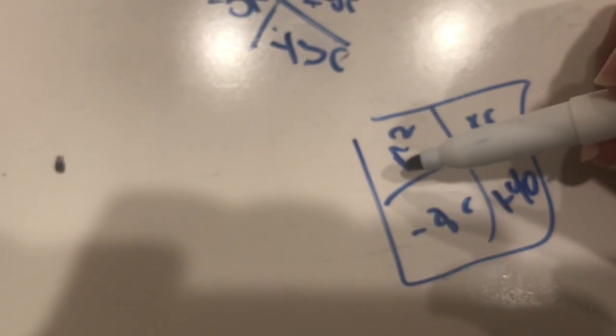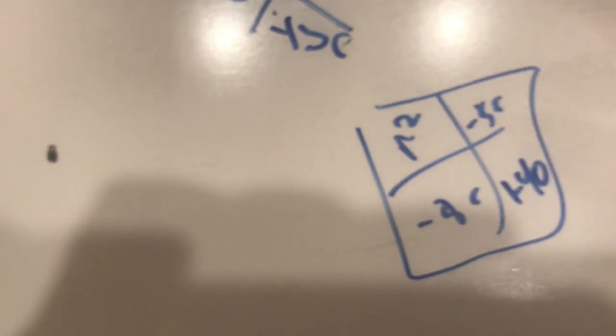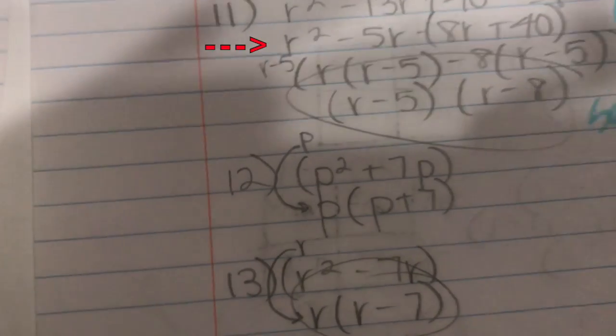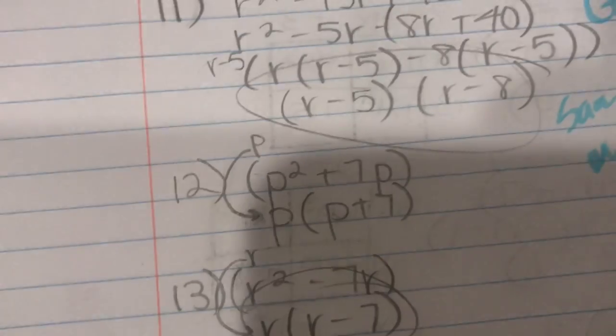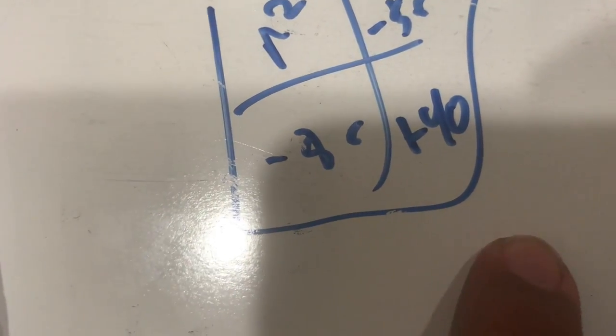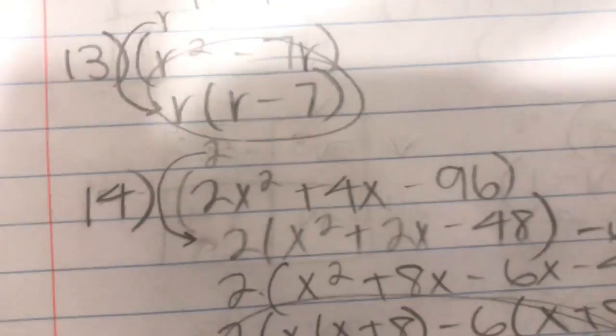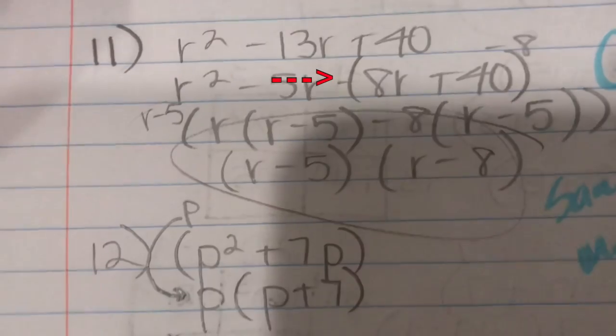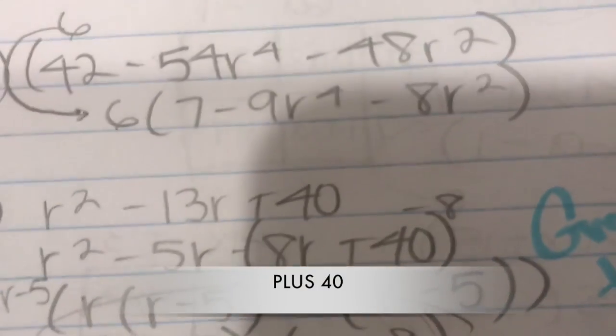Notice that our r squared minus 5r is the same as her group right here. Our r squared minus 5r, right? And then our negative 8r plus 40 is the same as her second group, which she finds there, negative 8r plus 40.